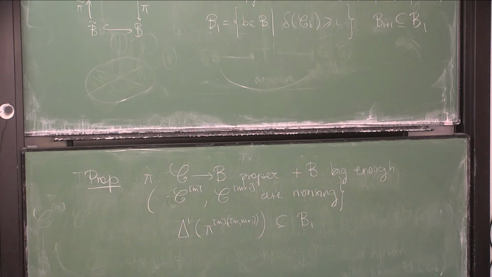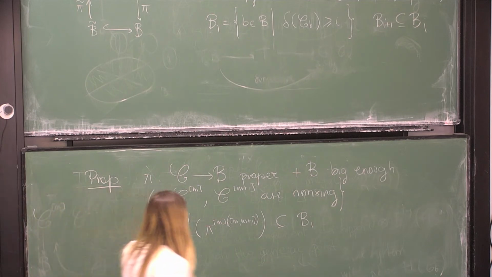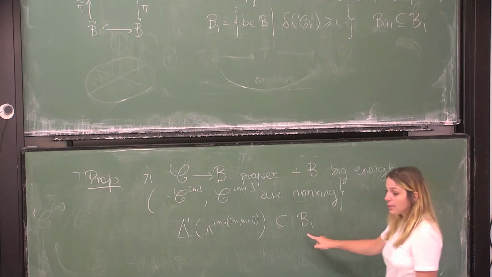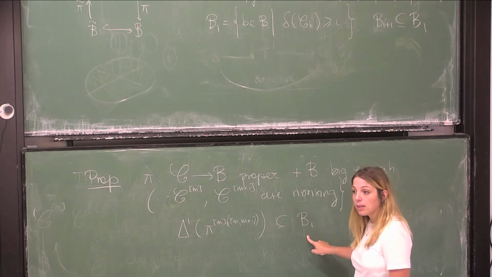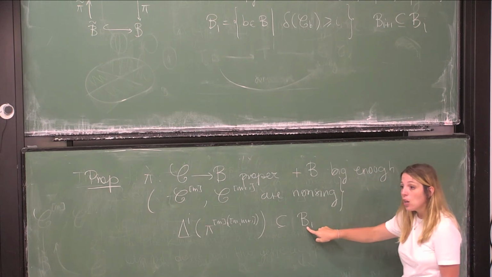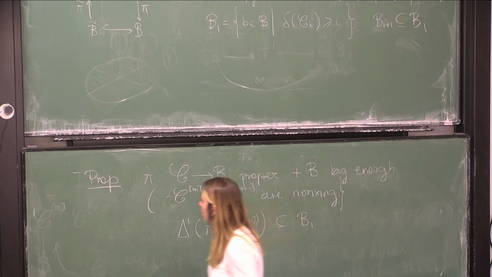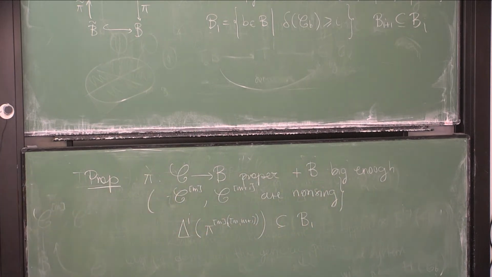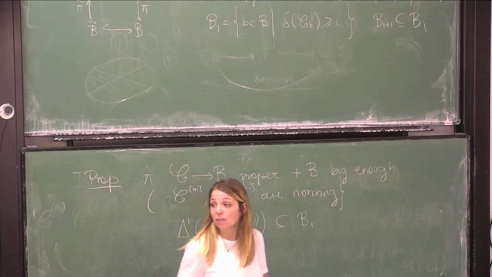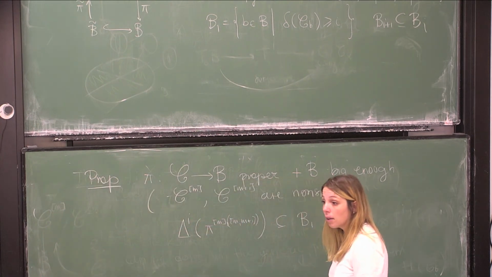Why is it so nice? Because it tells us that we can actually reduce ourselves to check our theorem at the generic points of these guys. So we can actually reduce to prove our theorem when our family, pi from C to B, is a family of nodal curves.